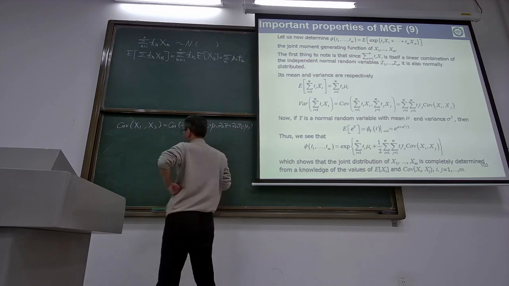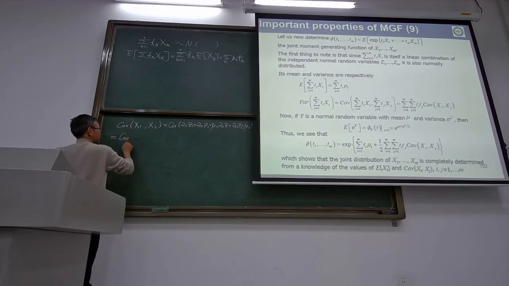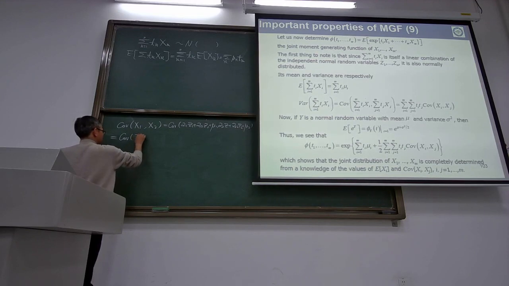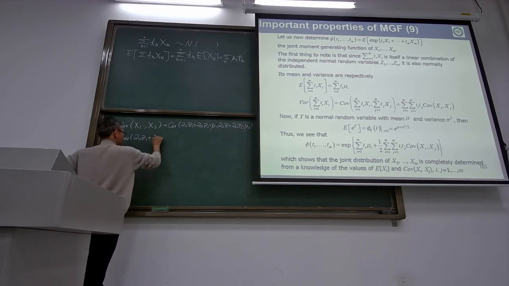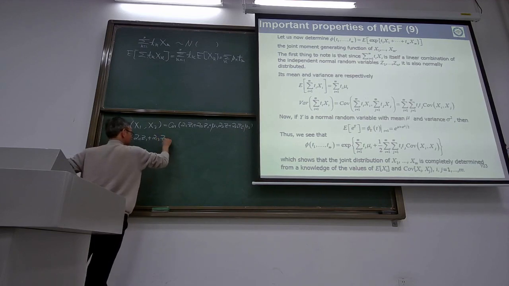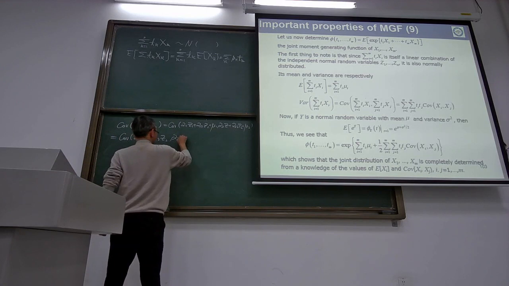Okay. Use the linear property of covariance, which gives alpha 1 1 z1 plus alpha 1 2 z2, and no constant influence here.